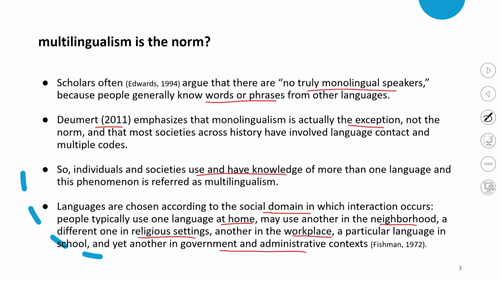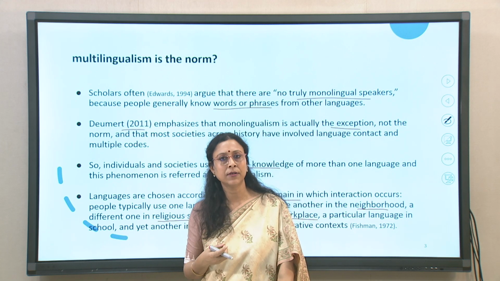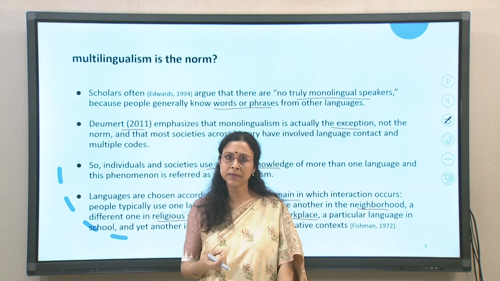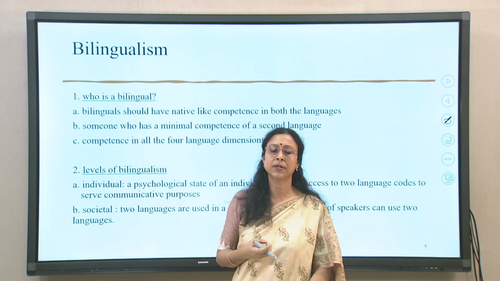Government and administrative scenarios will require the use of the standard language. Religious context may or may not, but typically it does require a specific kind of linguistic code. At home we use the informal code and so on. So, depending on various scenarios, multilingual societies will utilize different kinds of either varieties of the same language or different languages.